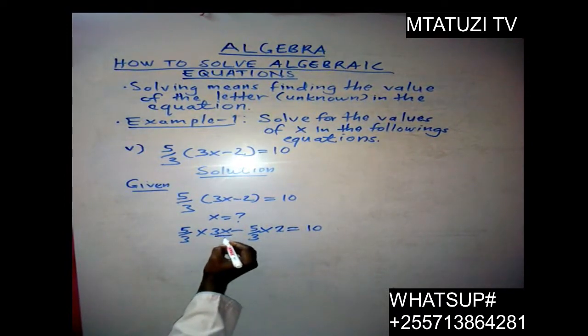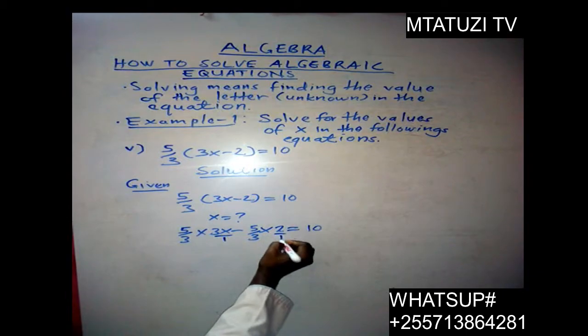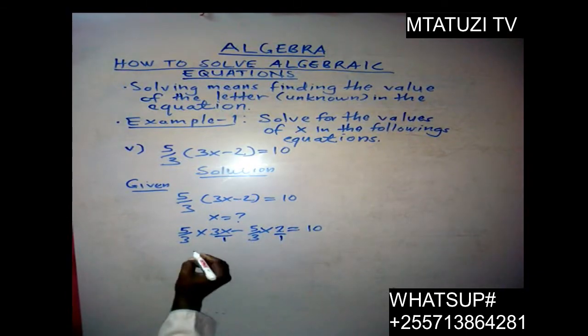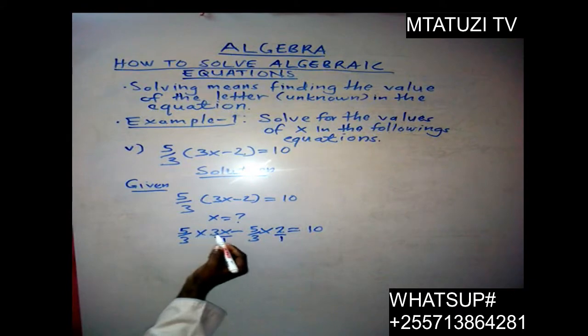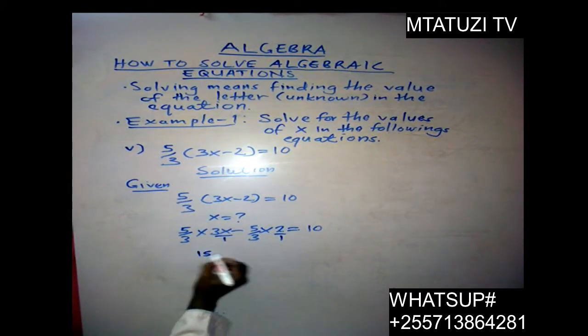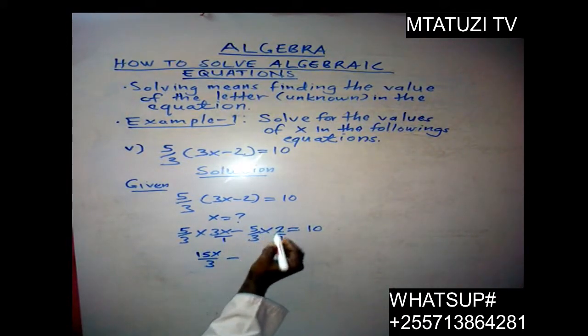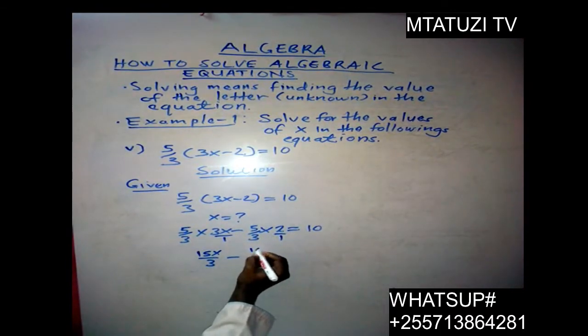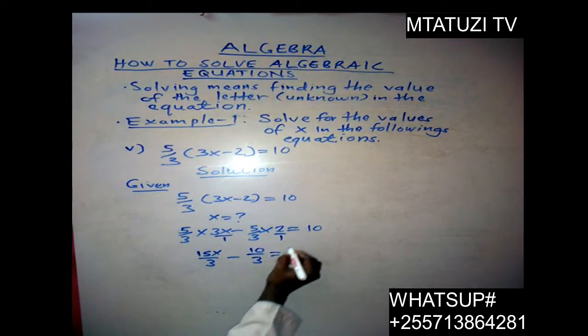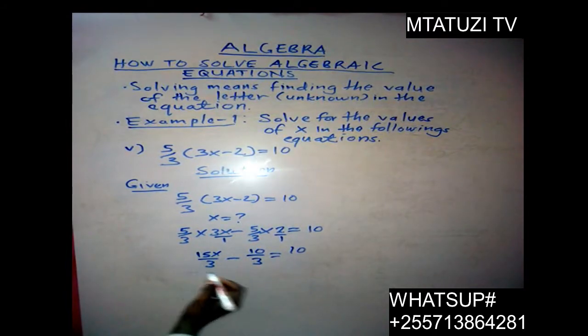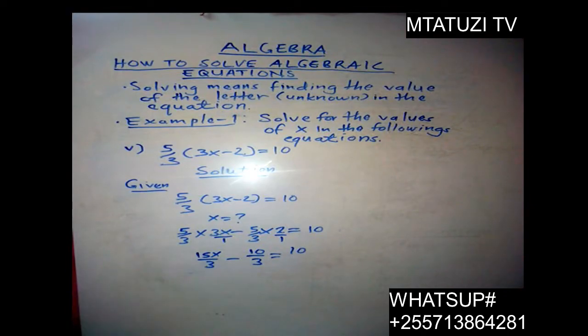Put this 3x under 1 and this 2 under 1 in order to make it equal. So 5 times 3x you get 15x over 3 times 1 you get 3, minus 5 times 2 you get 10 over 3 times 1 you get 3, is equal to 10. So therefore, find the LCM of these denominators.